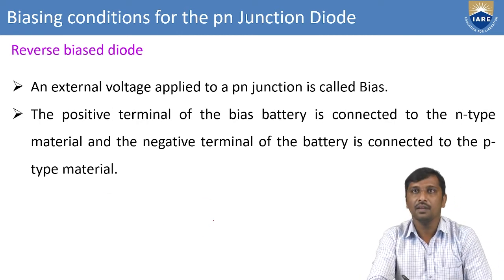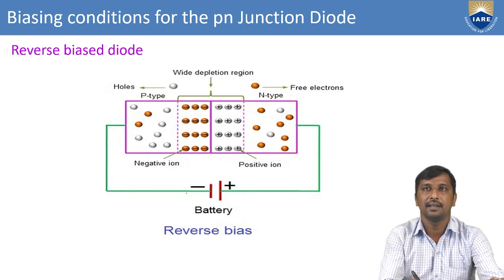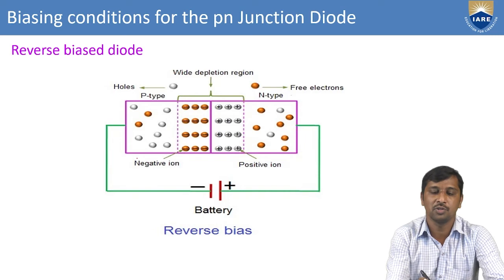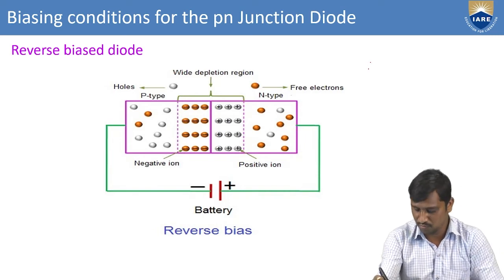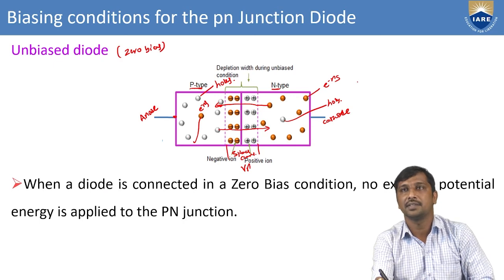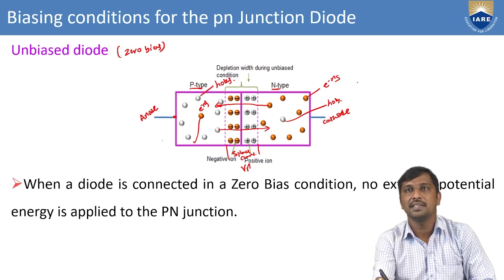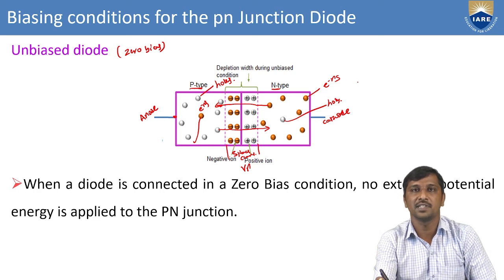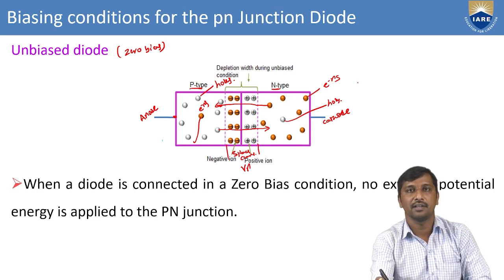So let us again consider the PN junction. Let us take an unbiased diode. What is an unbiased diode? We observe this one, and this is the unbiased diode. For this unbiased diode, now we are going to approach the reverse biased diode here.